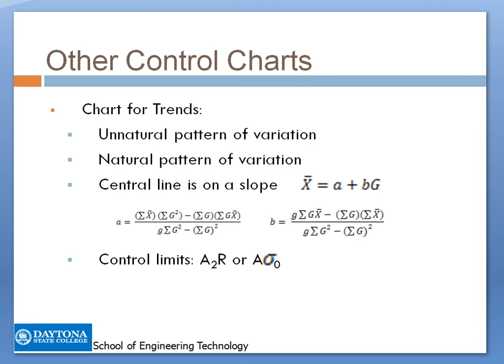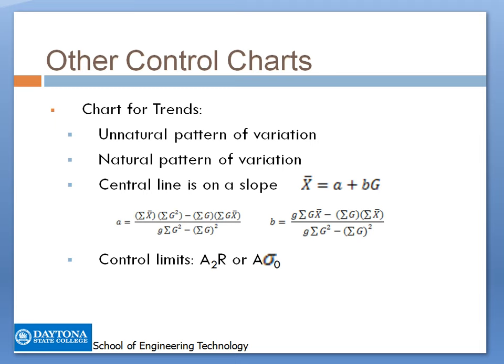We also have chart for trend, and this is to plot unnatural patterns of variation or natural patterns of variation. Same steps. You have to find the central line and the control limits. But in this case, the central line is on a slope, okay?